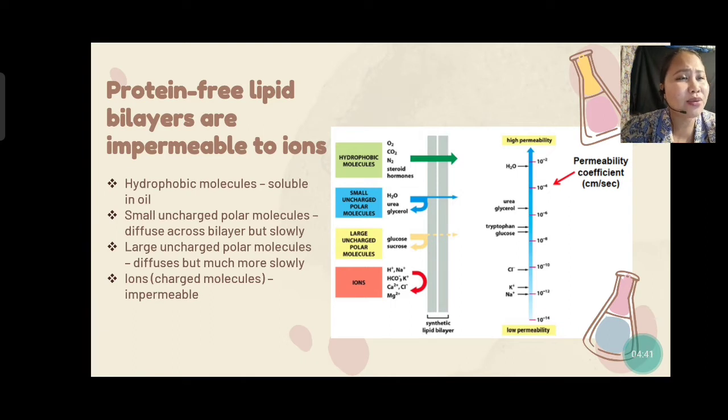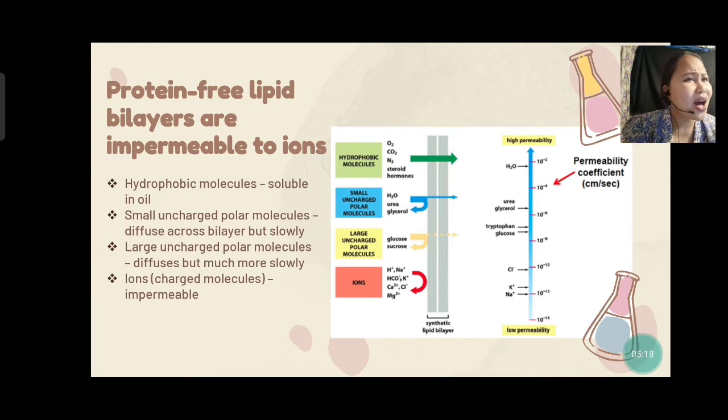While large uncharged polar molecules like glucose and sucrose can diffuse but much more slowly than the small uncharged polar molecules, as seen in the yellow one, which has a lower rate of diffusion across the lipid bilayers. Ions like the hydrogen ions, sodium ions, potassium ions, and calcium ions cannot penetrate the lipid bilayer.